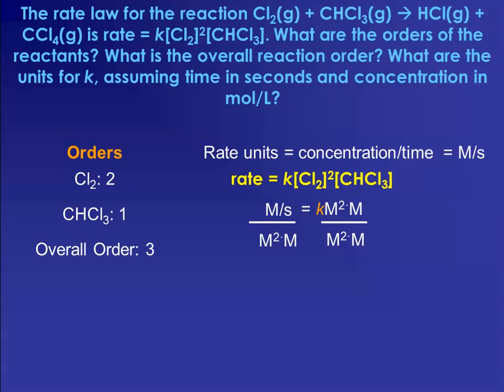One of the meters would cancel out. On the left side, they would all cancel out on the right side. And so you would be left with 1 over seconds divided by meters squared, which is the same as saying 1 over meters squared second, or m to the negative 2, s to the negative 1.